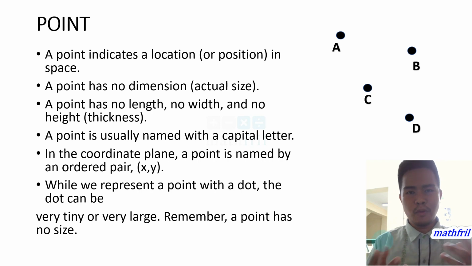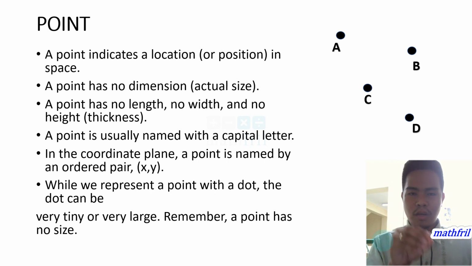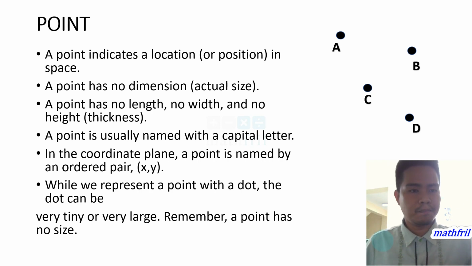So if you have a map or a global positioning system, GPS, you can represent a point as a location. If you have that kind of material or equipment or tools on hand, you can put something there and it can be represented by a point.